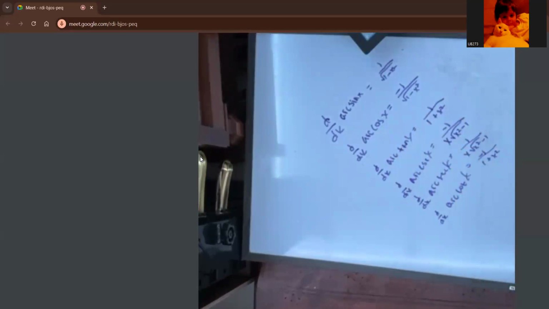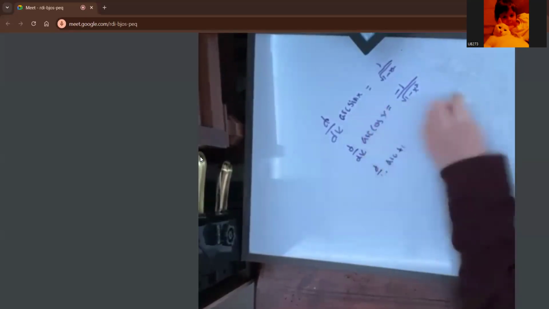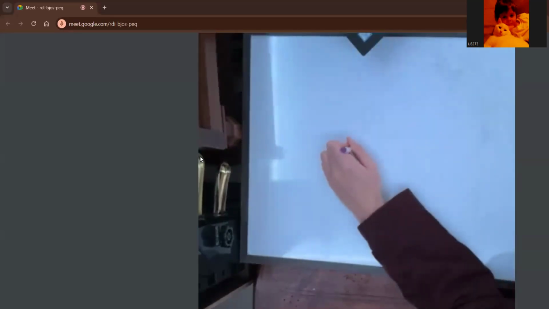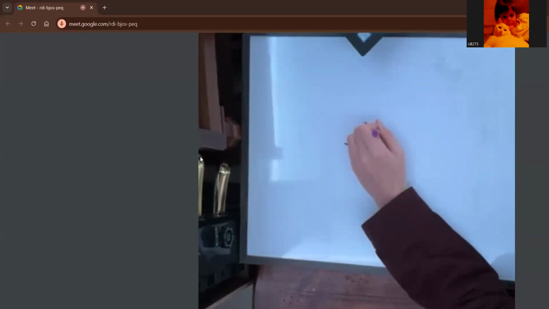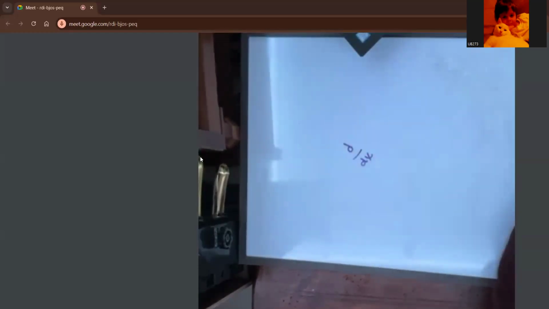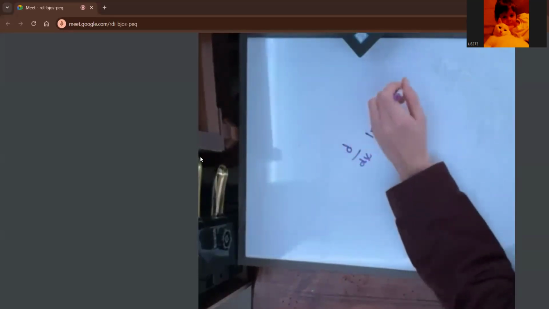That's pretty much all the derivatives that you would want to know. There's actually one more. Derivative of ln of x gives us 1 over x.